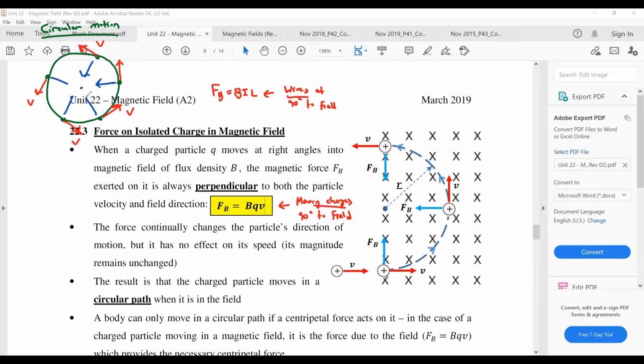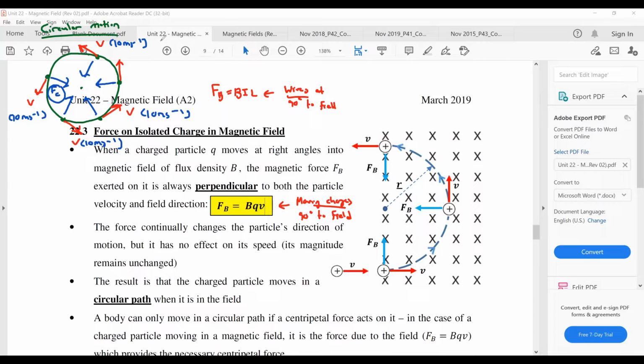If you have something that moves in a circle with constant speed, meaning the same magnitude all the time, if this one is 10 meters per second, this one would be 10 meters per second, this one is 10 meters per second, and this one is also 10 meters per second. The only way it can move in a circle with constant speed is if your force is directed towards the center of the circle. That force is your centripetal force.